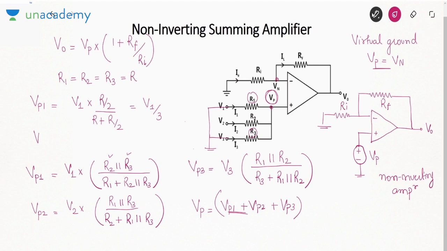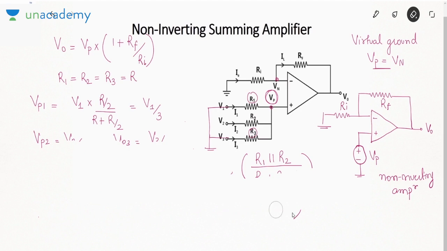Similarly, VP2 will be V2 by 3 and VP3 will be V3 by 3. So if all resistances are equal, then all the three voltages become divided by 3 in the process of voltage division.